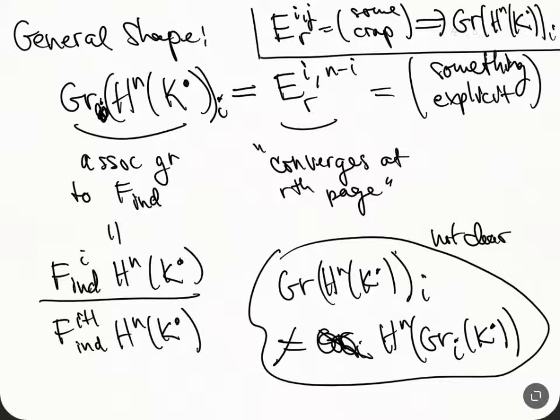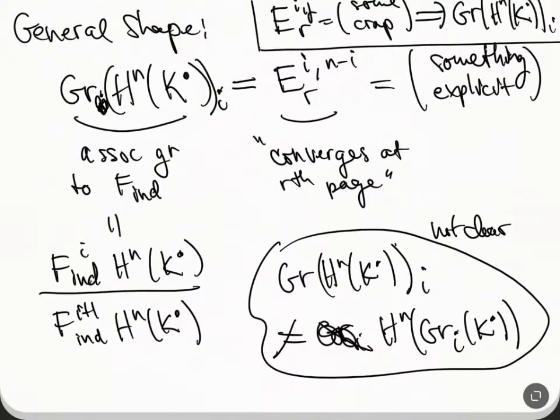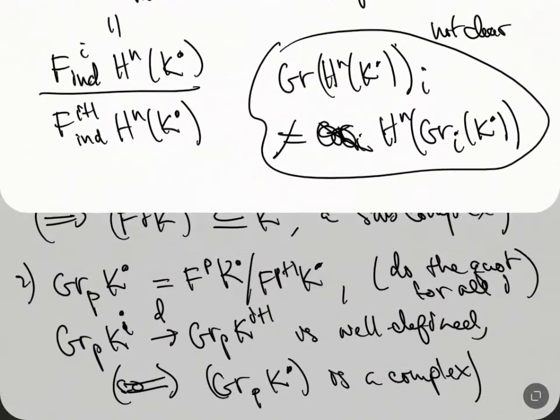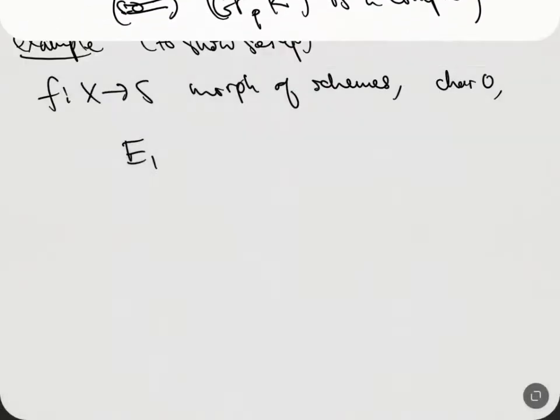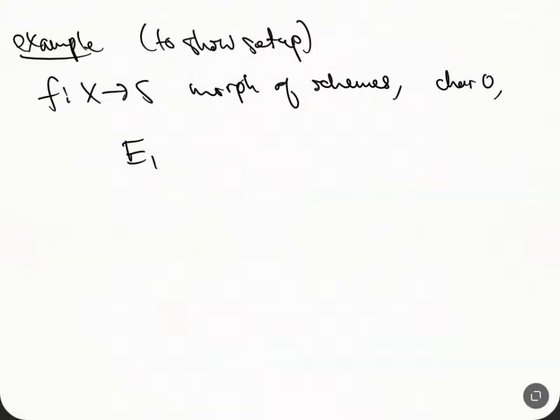The last thing I forgot to tell you was the definition of the associated graded. I said I have this induced filtration. Did I tell you what the induced filtration is? I didn't. So I'll come back to that in a second. The induced filtration is quite stupid on cohomology.